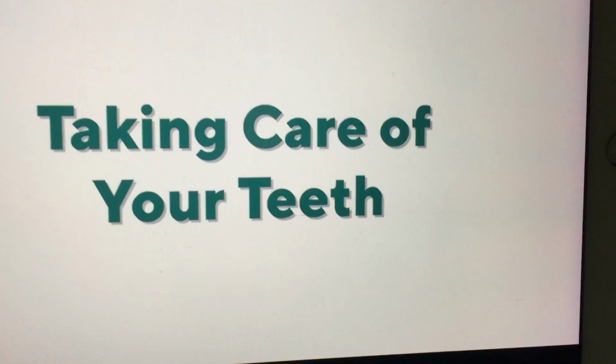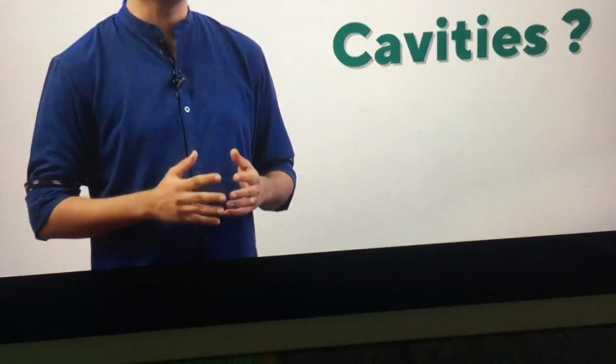Why is it important to take care of your teeth? The healthier your teeth, the happier you are. There are two common problems associated with not taking care of your teeth. One is cavities, another one is plaque. What are cavities?